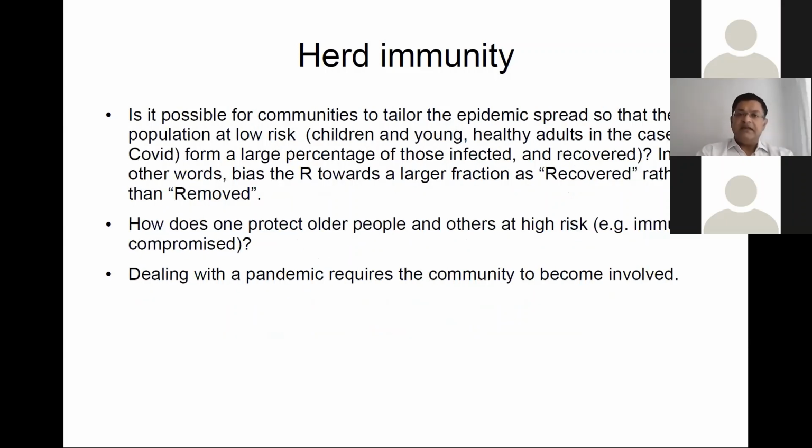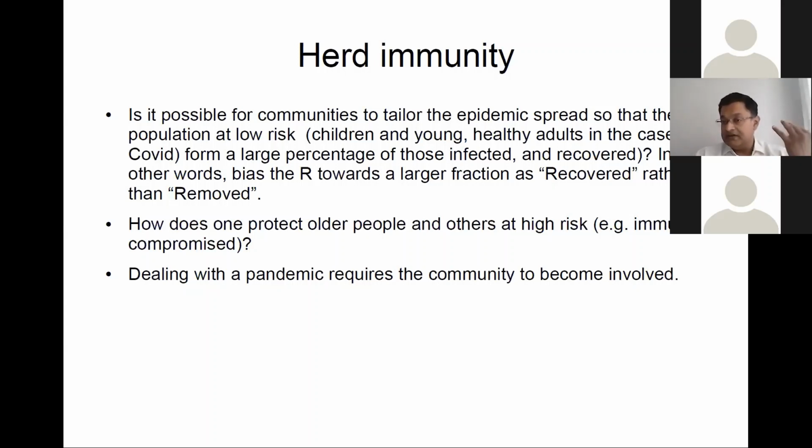The next question you might ask is whether it is possible for communities to tailor the epidemic spread so that the population at low risk is infected. You realize the epidemic is going to infect a large number of people because its R0 is relatively large. But the R, the number of people removed, includes both the people who are dying and the people who have recovered. Can we bias that fraction R so that people at low risk are less protected than people at high risk?